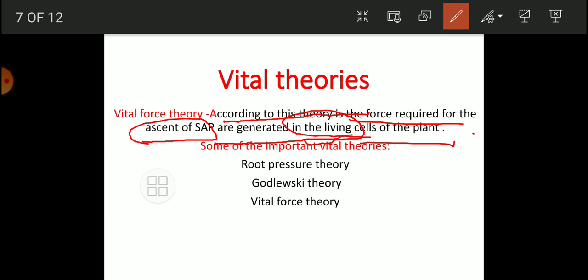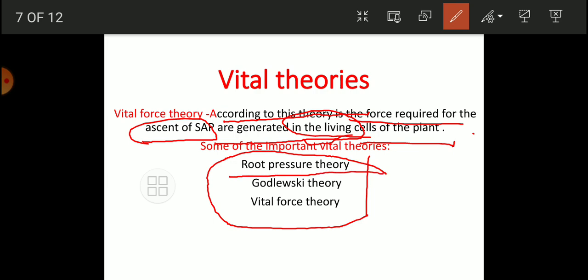And some of the vital theories we have to learn today are going to give us an idea of how the ascent of sap takes place. The important vital theories are, first, the root pressure theory, second, the Godlewski theory, and third, the vital theory.